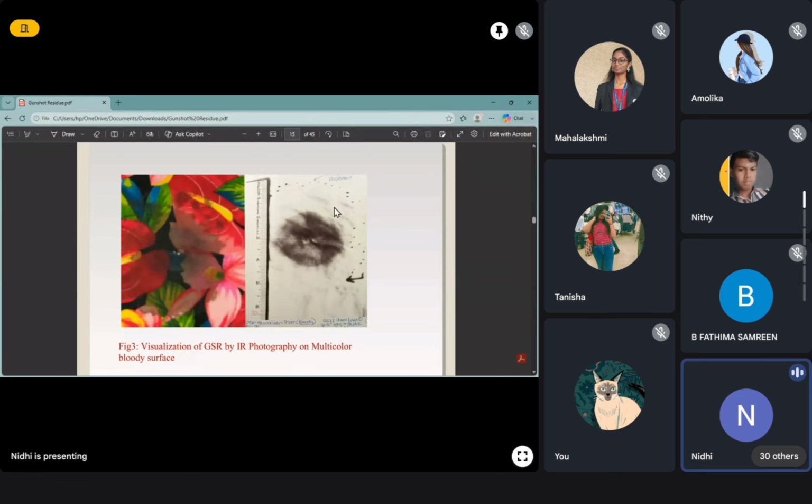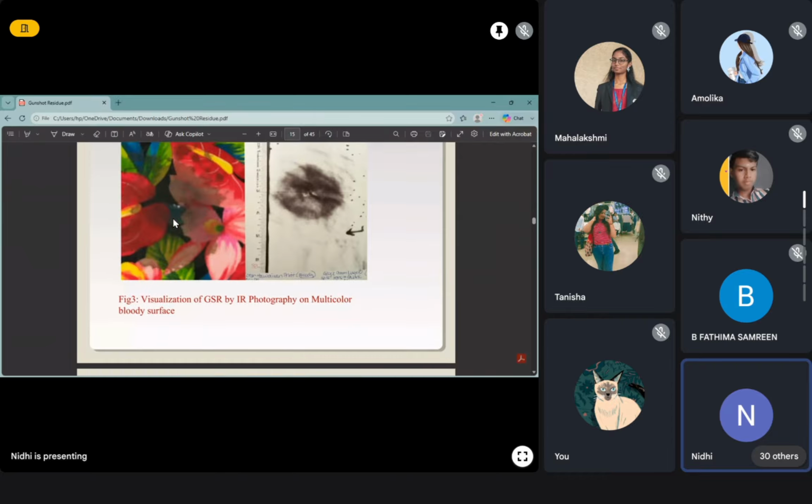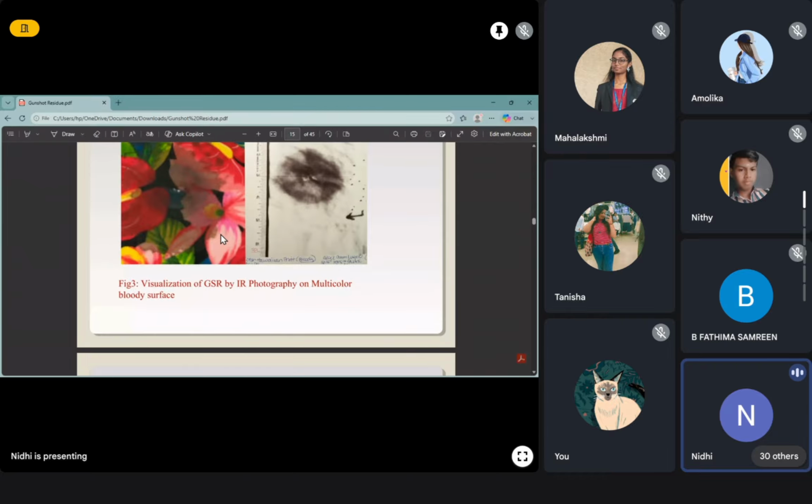Are you able to determine the difference between this? If the surface were black or completely maroon or red and you wouldn't be able to see this wetness which you can see here, IR photography would reveal that also.